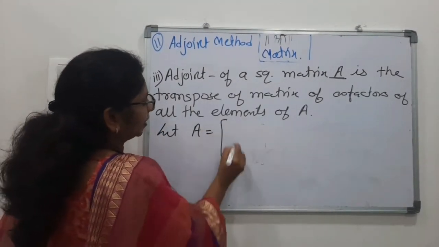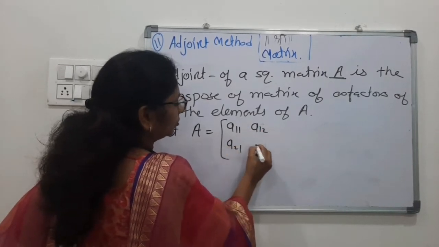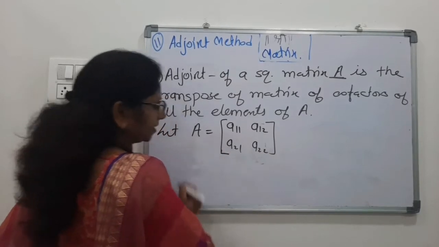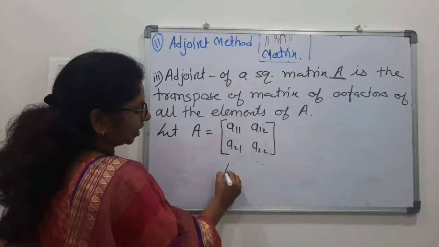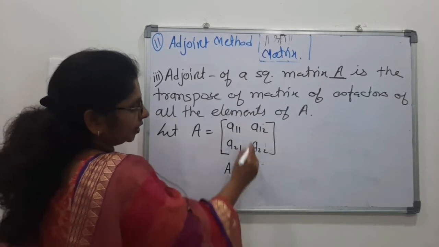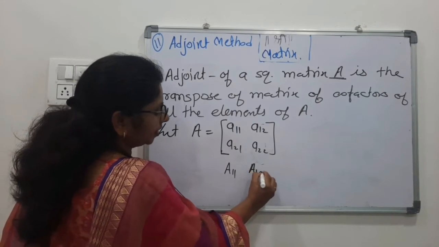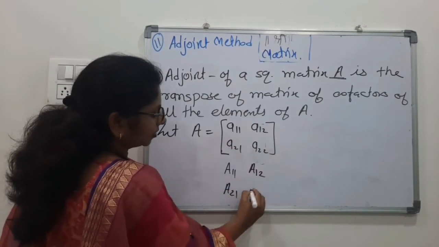To find the minors the place of the element is important, so we will consider the matrix like this. Let A be the matrix with elements a11, a12, a21, a22, meaning elements with their places. The corresponding cofactor of a11 is capital A11, of a12 is capital A12, of a21 is capital A21, and of a22 is capital A22.